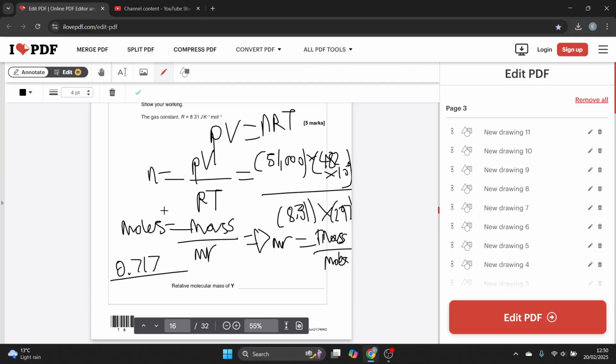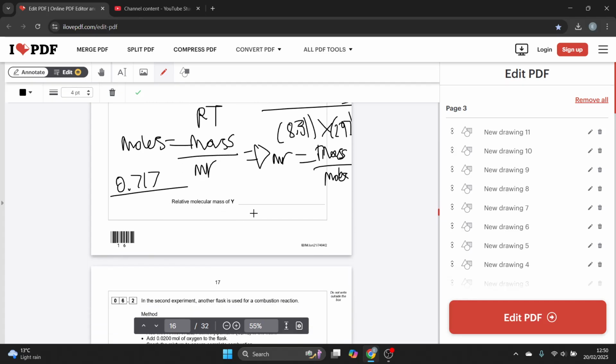So the number of moles will be 51,000 times 482 times 10 to the power minus 6 divided by 8.31 times 297, and then do 0.717 divided by my answer. I get 72.0 as the Mr.